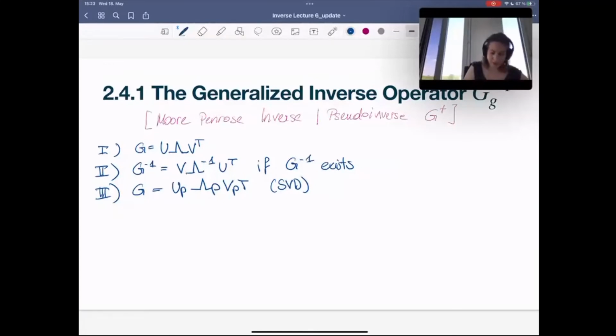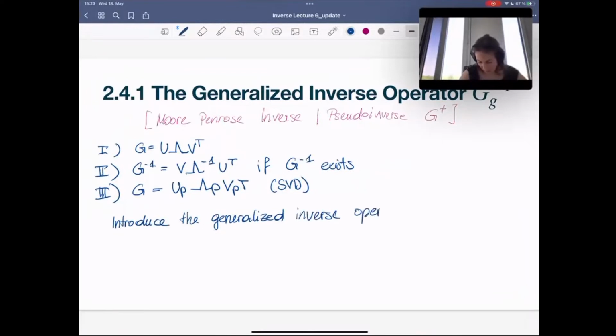Let's start to introduce the generalized inverse operator, which is G to the power of -1.